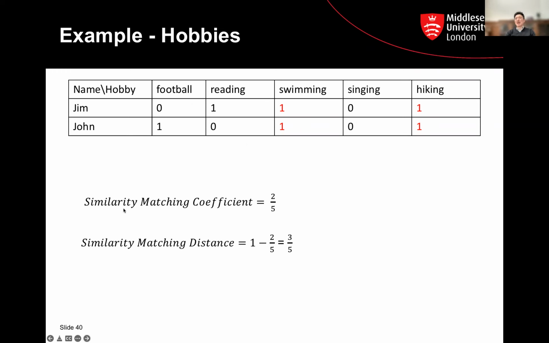So here it says similarity matching coefficient. Then it's looking at the attributes where they are the same. In this case, they both like swimming and hiking. And the similarity matching distance is just 1 minus the similarity matching coefficient. So if there are two the same, then the different one is just 1 minus that.